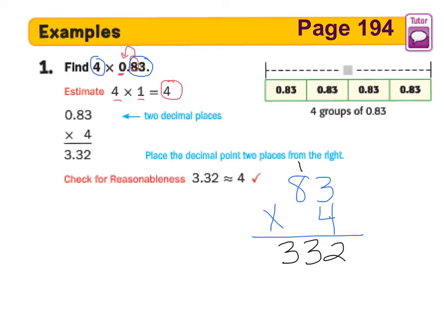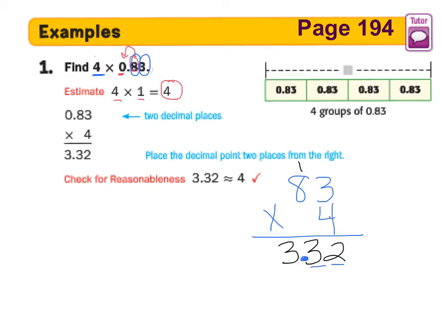Now I'm going to go back and take a look at my original problem. I'll do some cleaning up here so we can see it. How many decimal places were there? There were 2 digits behind the decimal. There were no digits behind the 4. So we need 2 decimal places.